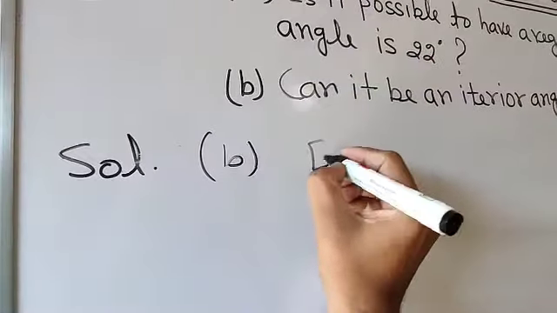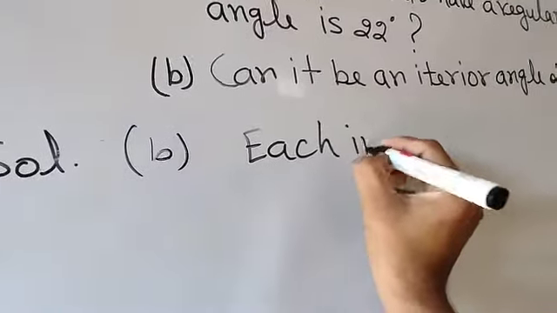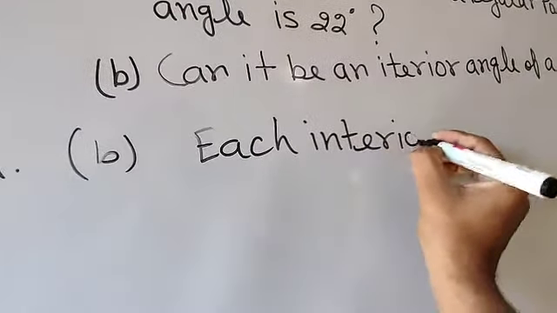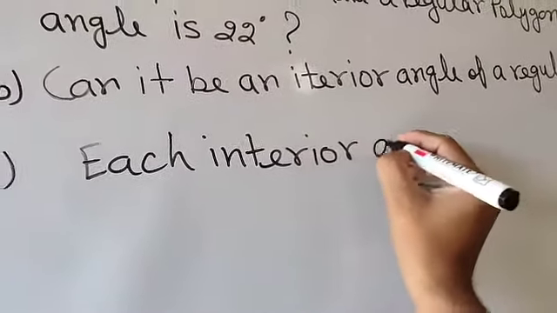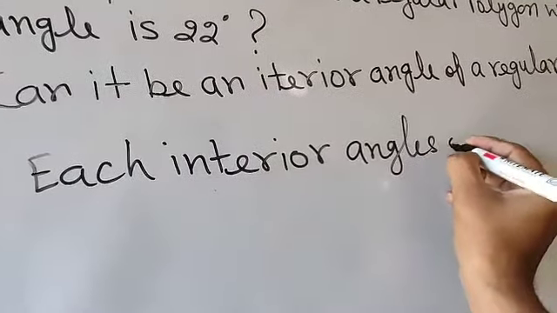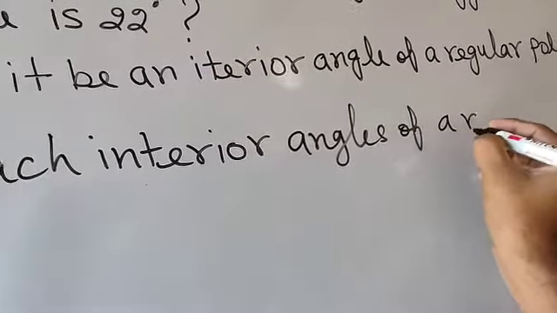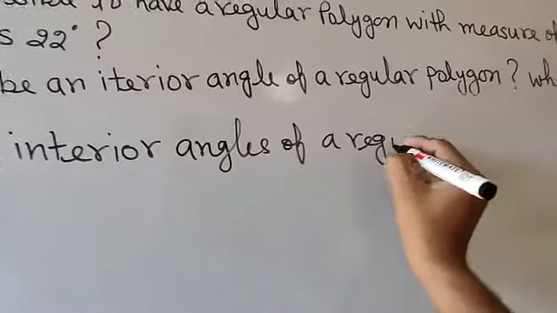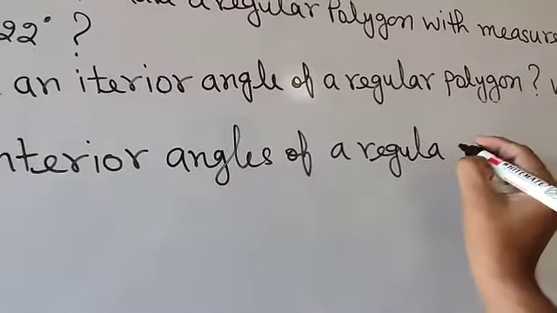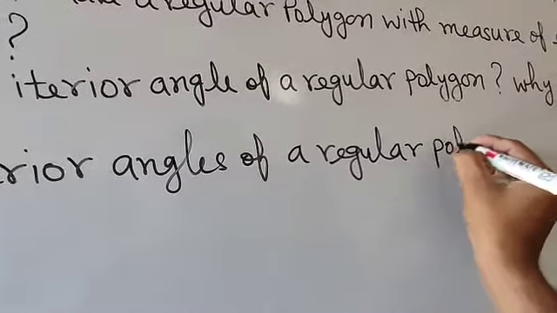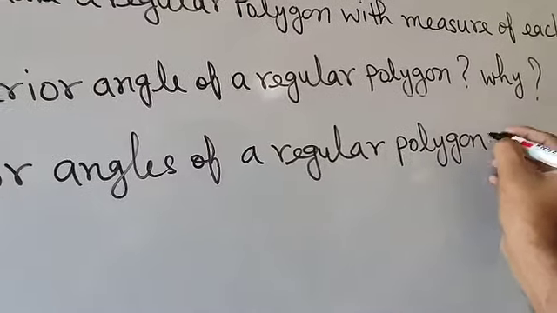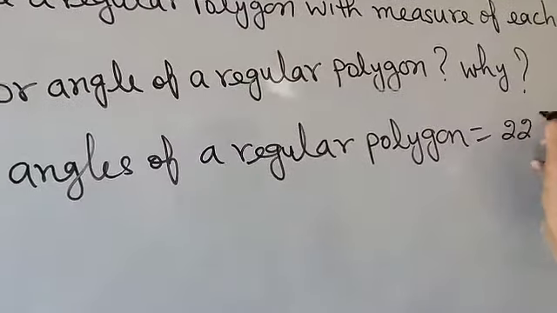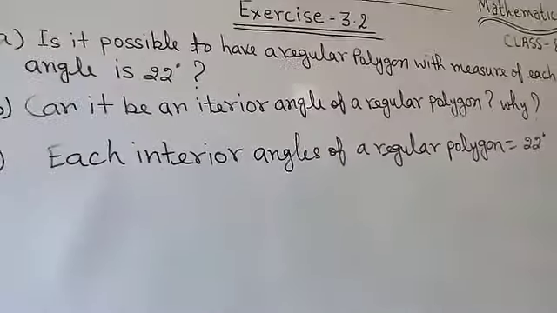So here you can write: each interior angle of a regular polygon is equal to 22 degrees. Students, if each interior angle of a regular polygon is given, how can you get the exterior angle?